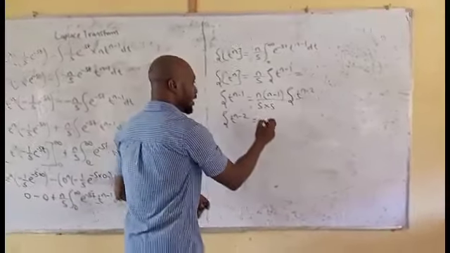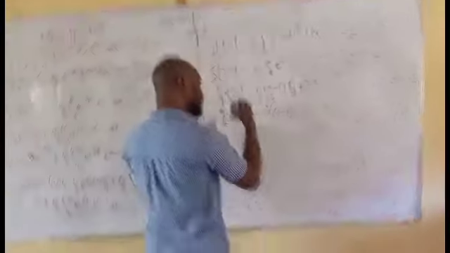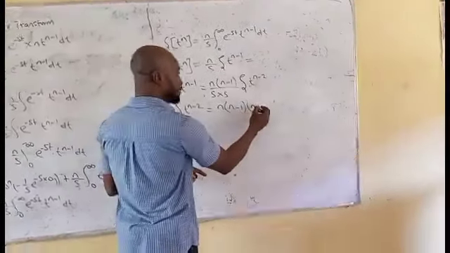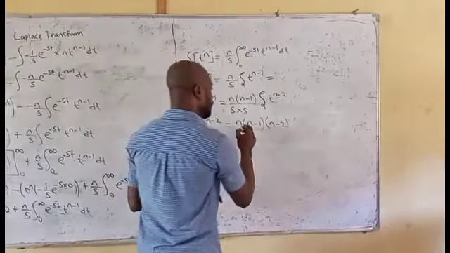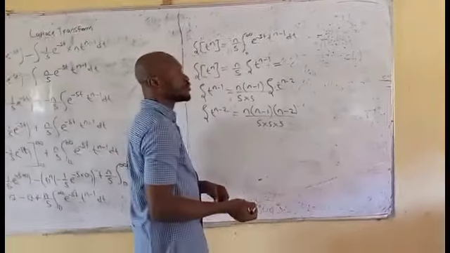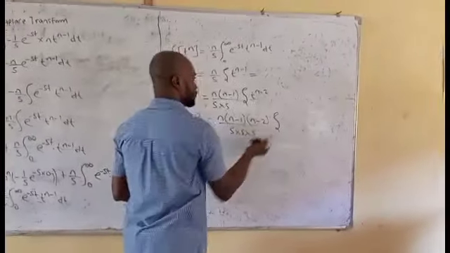It will now be n into n minus 1 into n minus 2 over s times s, so you still multiply by the Laplace transform.